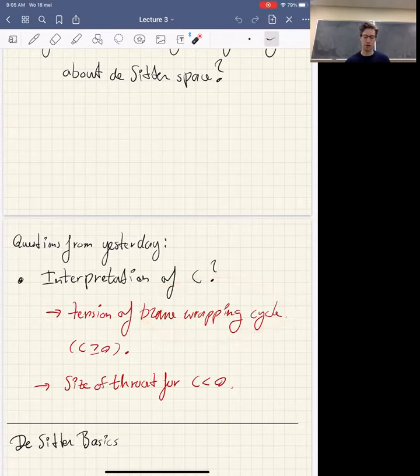That's how these instantons can appear in string theory, where you have some brane wrapping an internal cycle, and this parameter C is the tension of the brane. In the case of the wormhole solution where C was negative, it's really related to the size of the wormhole throat. So that gives you some physical interpretation.